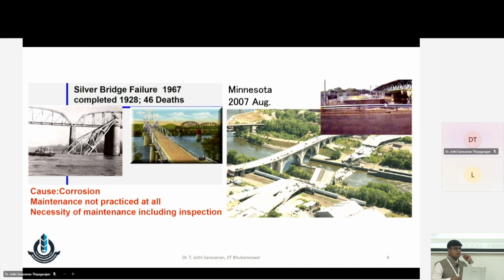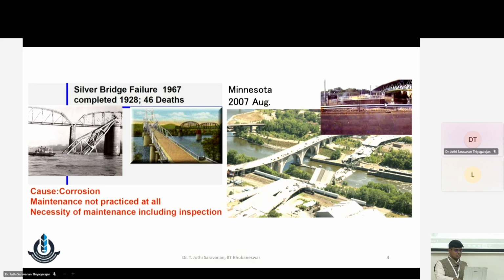There won't be much soil change, so the foundation, everything will be the same. It could be settlement, or age. Age is the same. The inflow and outflow, because the water is flowing in this manner, the whole load is first taken by the piers. So there was settlement, the load was acting, and the failure happened.